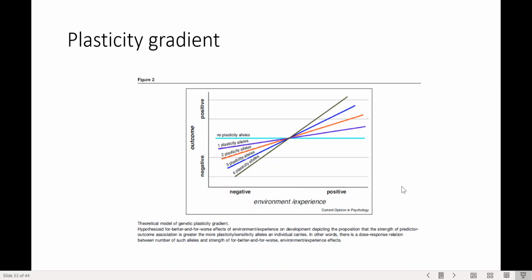So the important point here is that this work neatly incorporates genetic information, so it allows us to understand how genetic predispositions set developmental pathways that can be activated in specific environments.